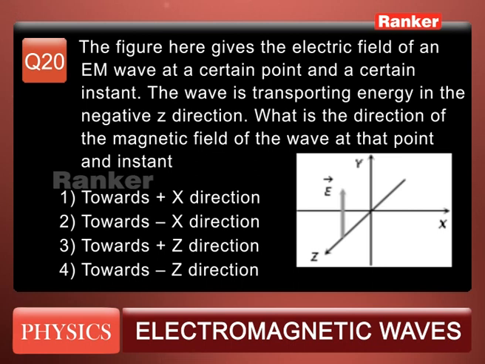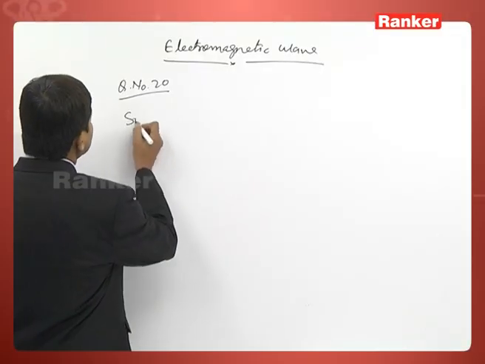The first option is towards positive x direction, the second option is towards negative x direction, the third option is towards positive z direction and the fourth option is towards negative z direction. In the question it is given that the energy is propagating towards the negative z direction.